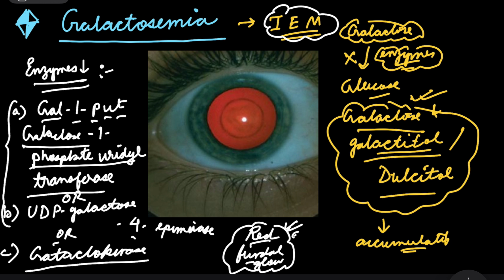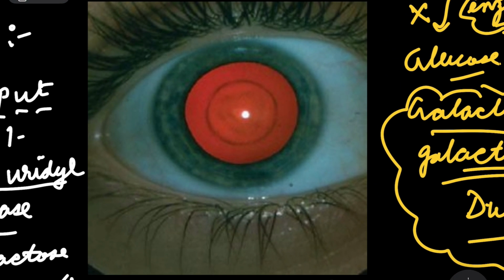Now against red fundal glow, that is the only way that you will be able to appreciate this form of cataract that develops in galactosemia. Against the red fundal glow, you will see a very characteristic appearance, as you can see, I'm outlining.